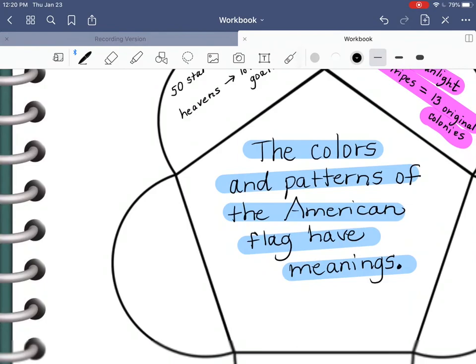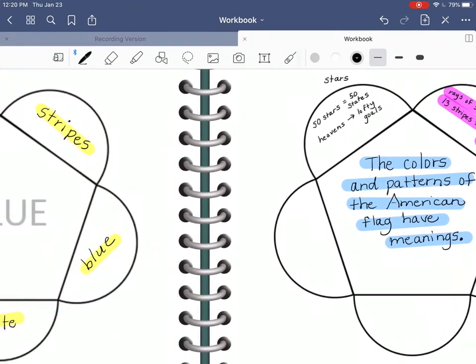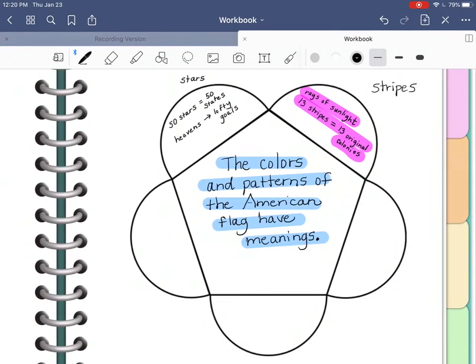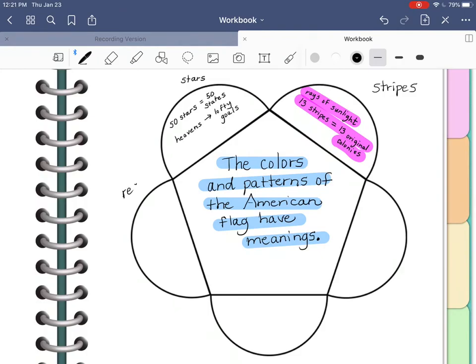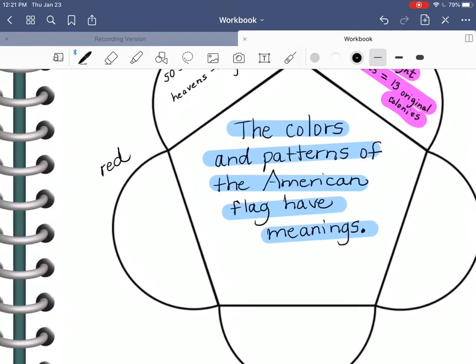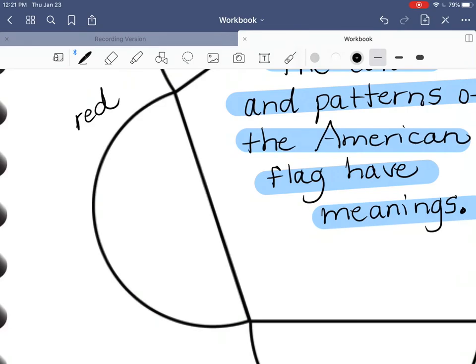Okay, coming on around. Let me take a peek. Red, white, and blue. This one is red. So what is the color red? Why did they choose red? Well, red stands for bravery and valor. Remember, valor is courage in difficult situations.